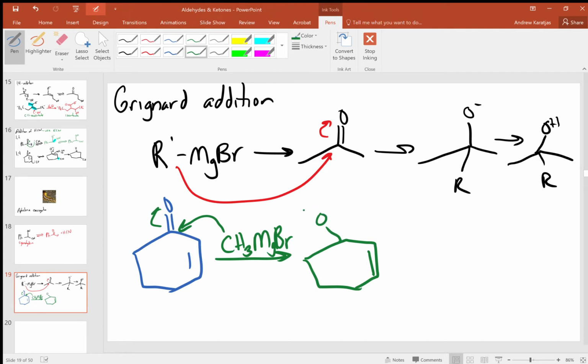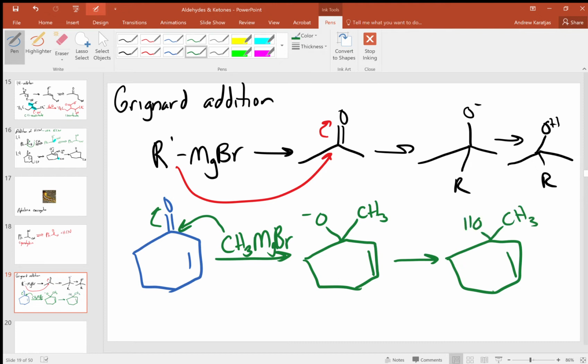And R minus is about the worst possible leaving group that you can have. So the 1,2 addition step in a Grignard addition is not reversible. And since it's not reversible, that means that only 1,2 can occur.